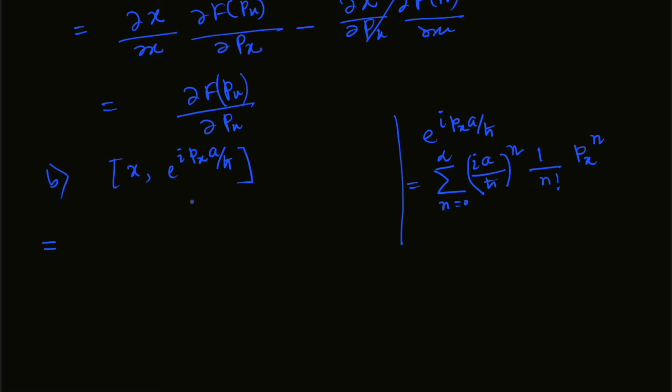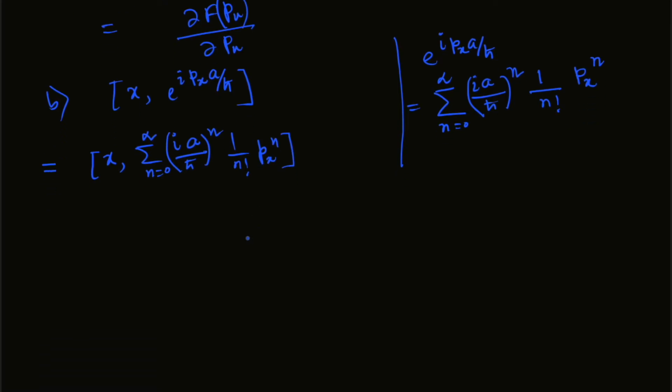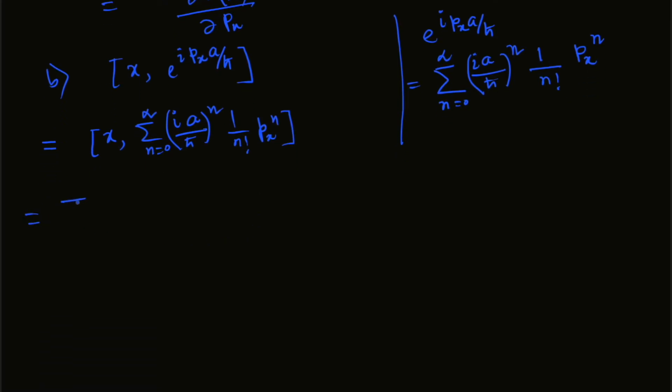So that means it will be x summation of n equal to 0 to infinity I a by h cut to the power n 1 by n factorial px to the power n. That means we have to evaluate n equal to 0 to infinity I a by h cut to the power n, 1 by n factorial, x comma px to the power n.